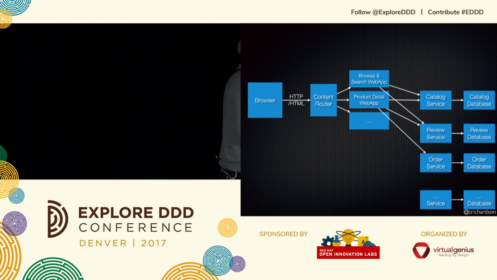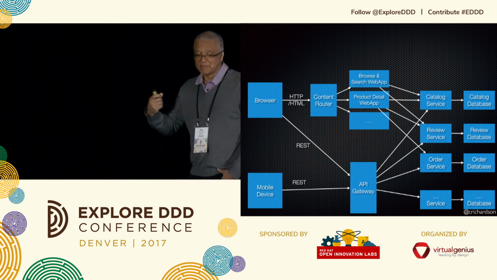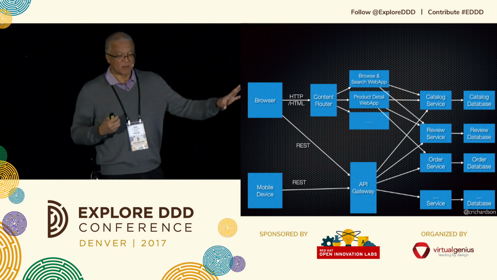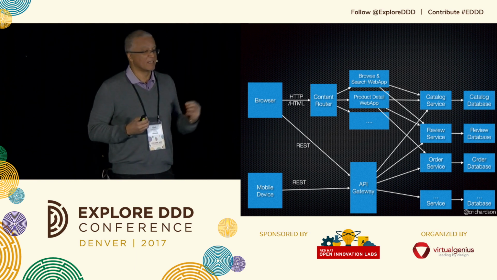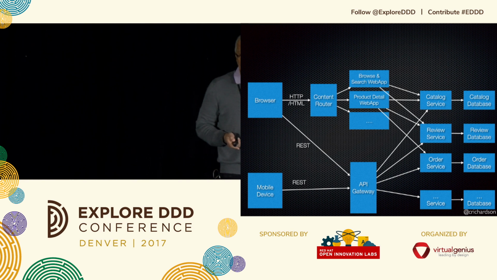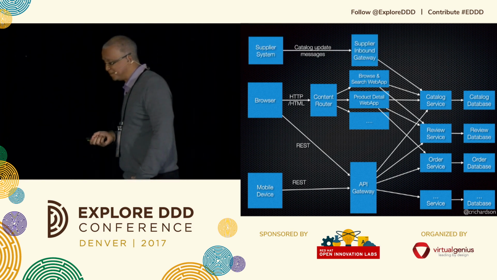You'd also have an API gateway, which acts as a facade sitting in front of those services, exposing an API, like a REST API or some other API, to the outside world, to say JavaScript running in a browser or to a mobile device. You might also have some kind of inbound gateway for handling messages as well.